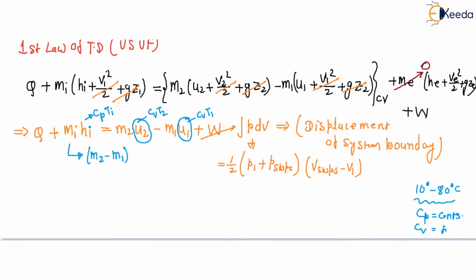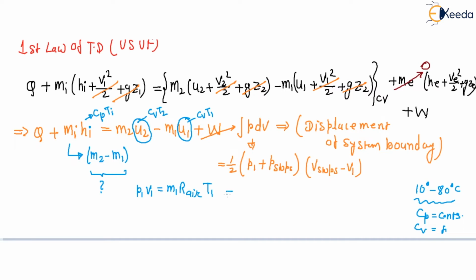Now what is M2 or M1? These two we have to calculate. For this, air is an ideal gas. So we take P1 V1 equal to M1 R_air T1. You have T1, R air, P1 and V1, the initial pressure and volume.